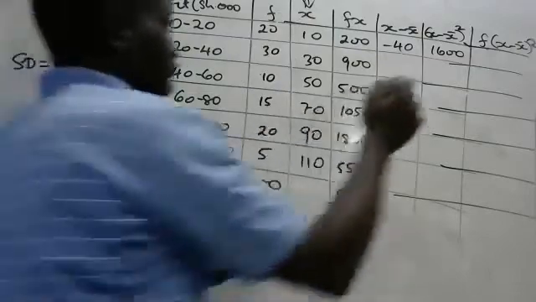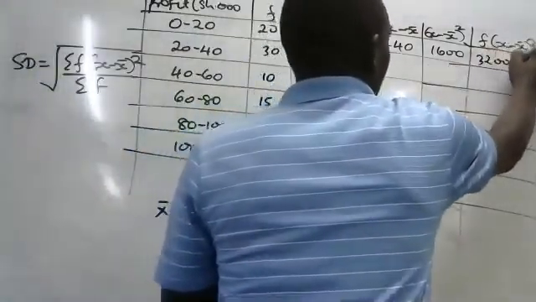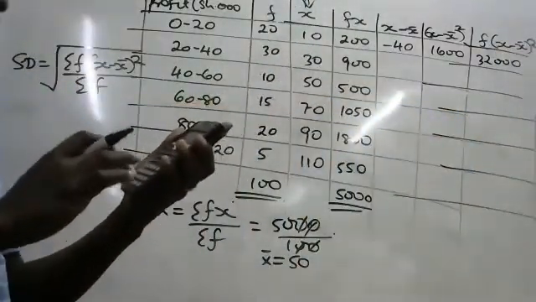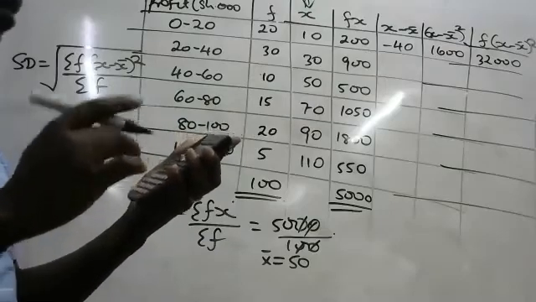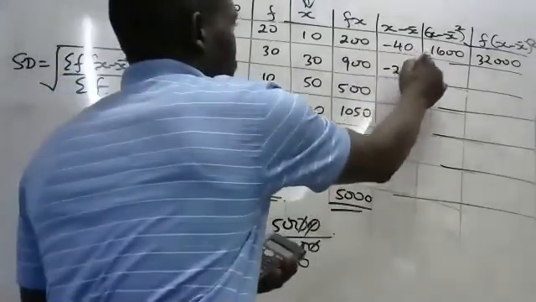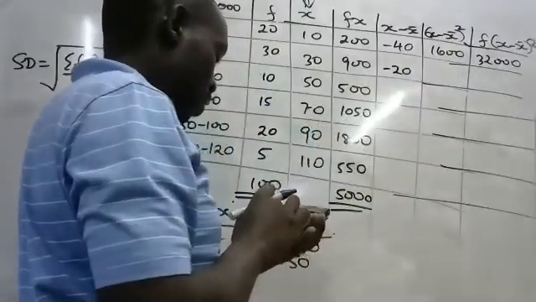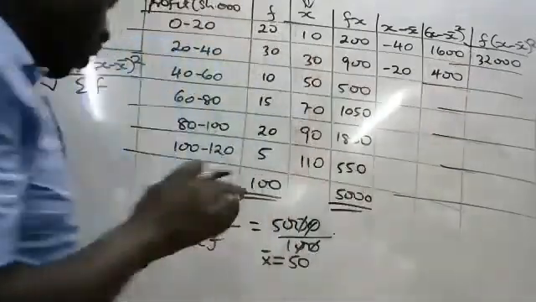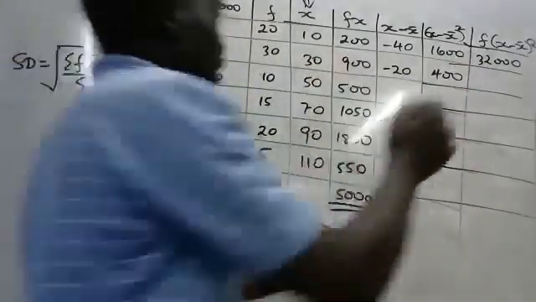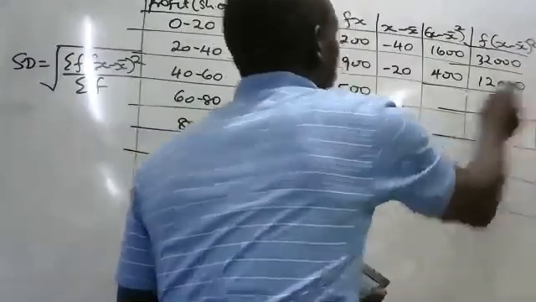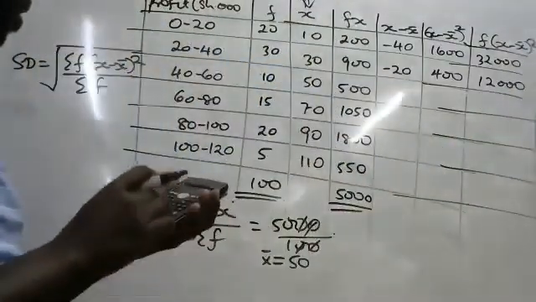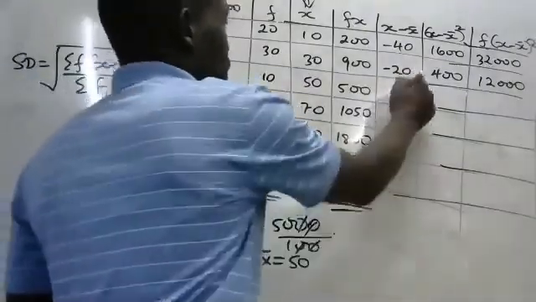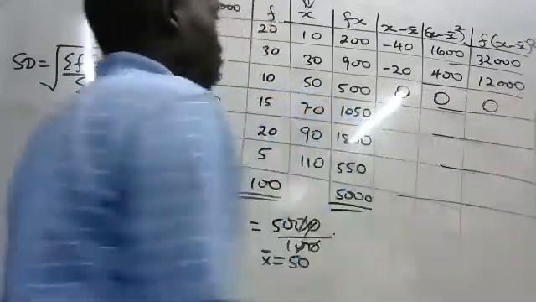We get 32,000. For the second one, x is 30 minus 50, you get negative 20. Squared, you get 400 times 30, you get 12,000. For the third one, x is 50, 50 minus 50 is 0, squared is 0. Everything will be 0 there.